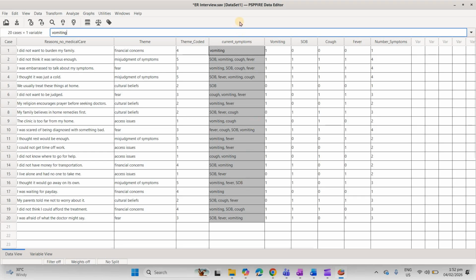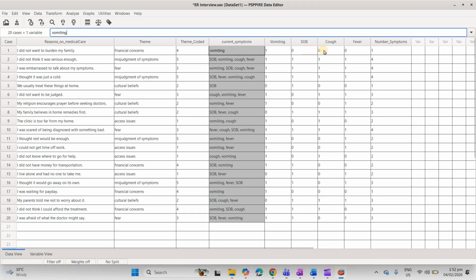So one of the strategies that I'll be explaining to you is that for each value, you create a variable for it. So create a variable for vomiting, a variable for shortness of breath, a variable for cough, and a variable for fever. When you look at each case or each patient, so this patient here had vomiting, so because vomiting is present, we give them a 1.